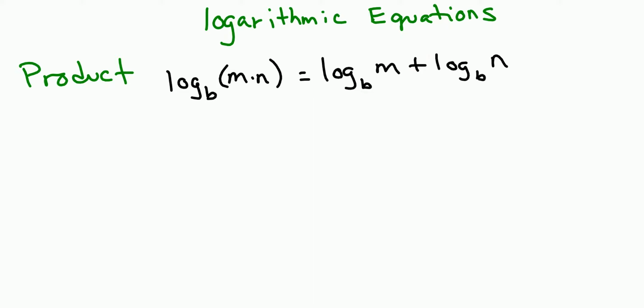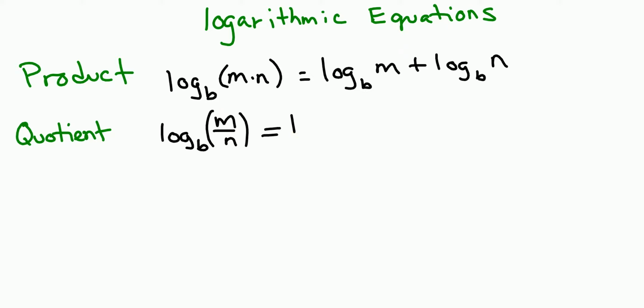The next one is the quotient property, and that means when we have division in our logarithm, we can expand using subtraction.